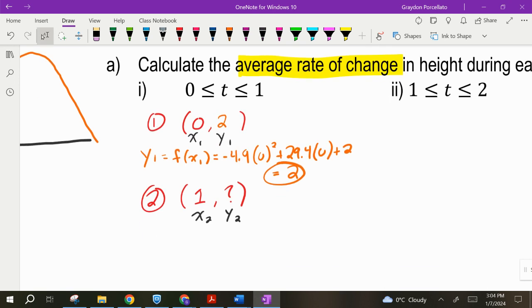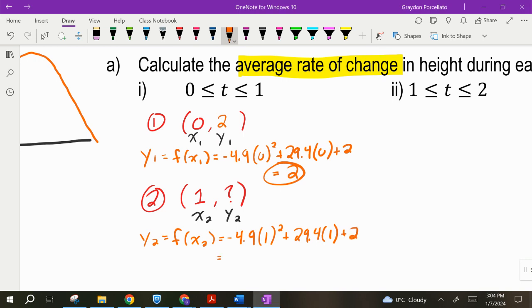I can do the same thing for my second coordinate. If I want to figure out what y2 is, I'm going to sub in x2 into my equation. So that becomes negative 4.9 bracket 1 squared plus 29.4 bracket 1 plus 2.